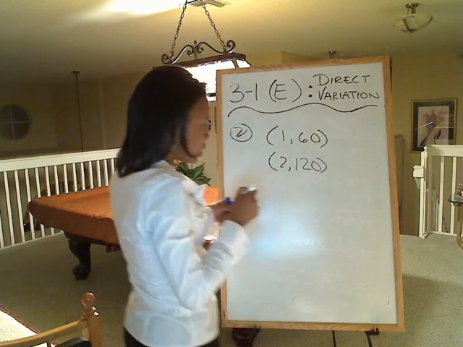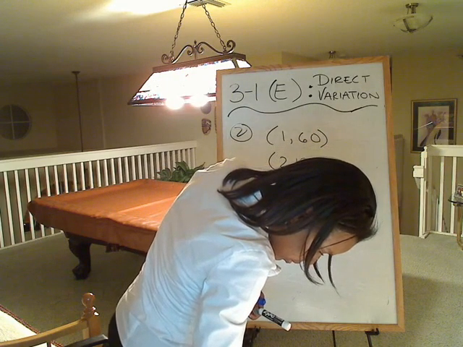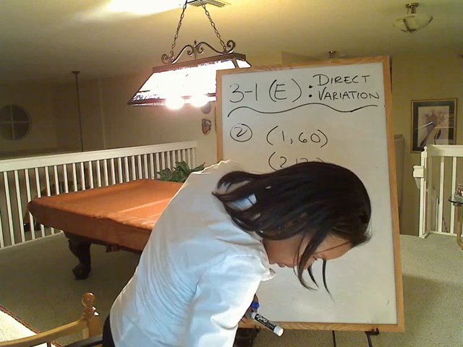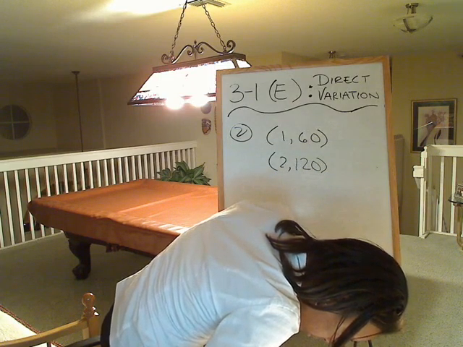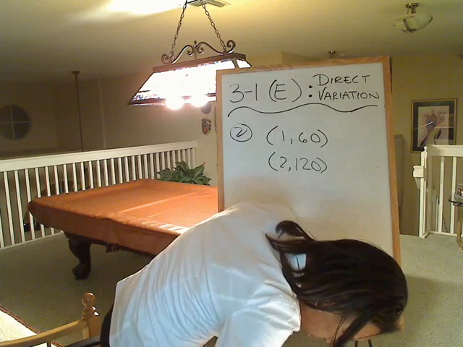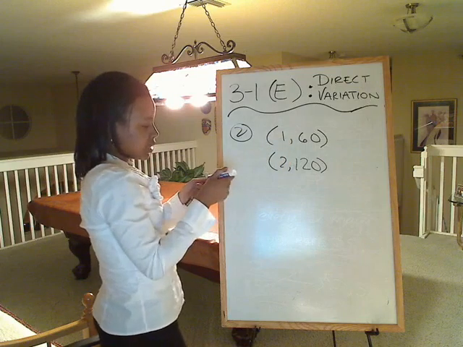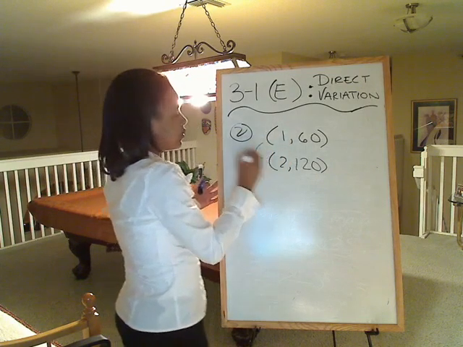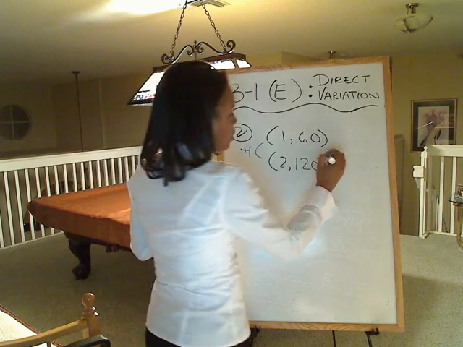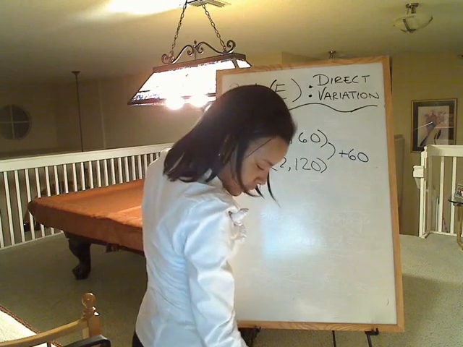And we can't see 3 hours, but from this we can kind of tell what the pattern is going to be. And that's for every hour, 60 cars are built.